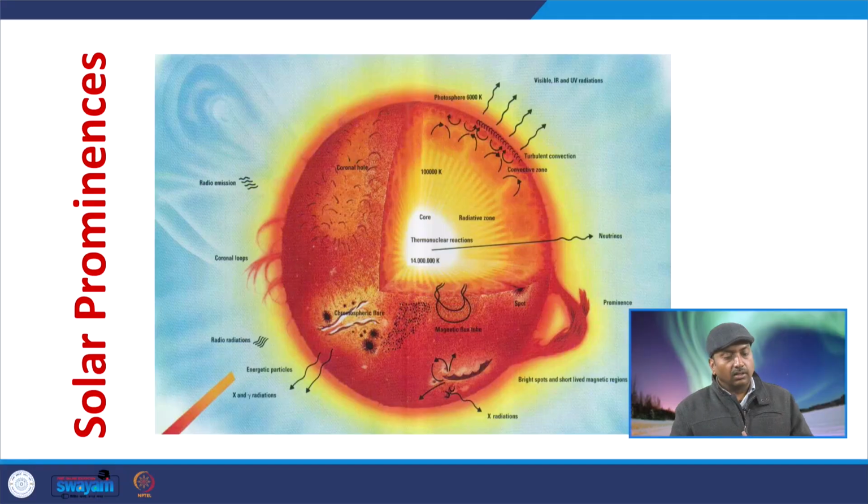Okay. Now, like I said in the last class, apart from all the other physical properties of the sun as a star, as a ball of plasma, it rotates around itself, but it rotates faster near the equator and slower near the poles.